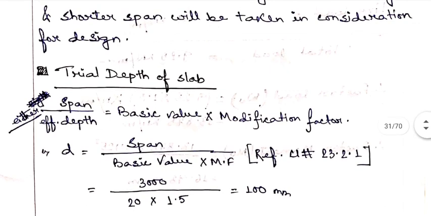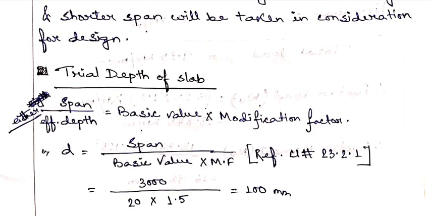From this we can easily find out the depth. So d, that is effective depth, is equal to span by basic value into modification factor. Span is 3 meter, the shorter span, as the shorter span is in consideration. Shorter span is 3 meter, that means 3000 mm. Now basic value is 20 and modification factor 1.5.